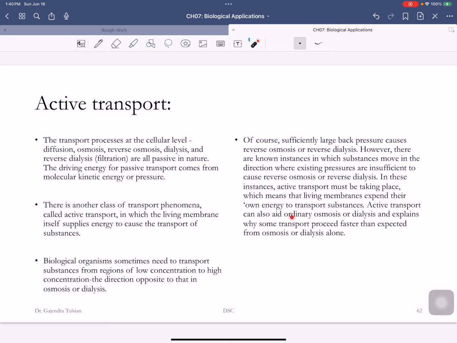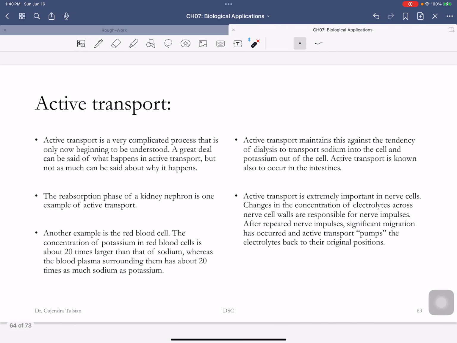Active transport can also aid ordinary osmosis or dialysis, and explains why some transport proceeds faster than expected from osmosis or dialysis alone. So we saw that organisms need to transport substances from a region of low concentration to higher concentration, and then active transport is involved.